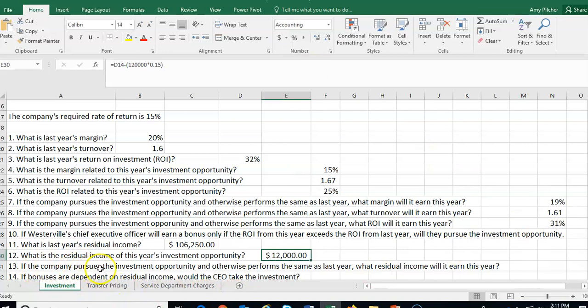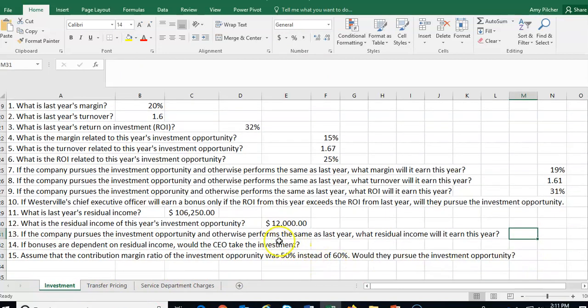Number 13 says, if the company pursues this investment opportunity and otherwise performs the same as last year, what residual income will it earn this year? Well, if none of our numbers change, then our new residual income for the year taking on the investment is just these two added together.